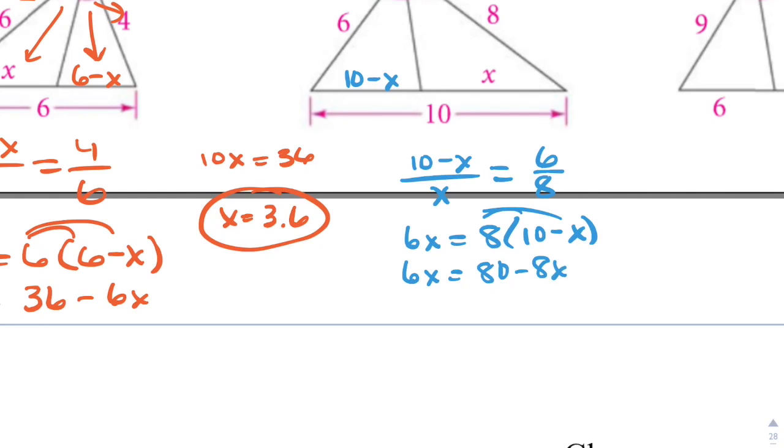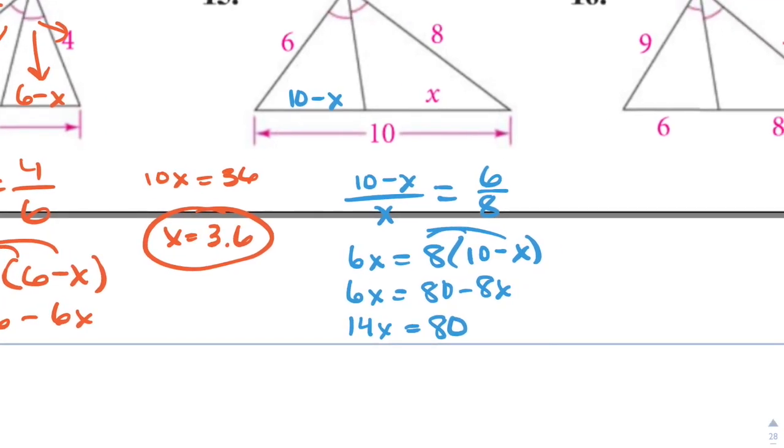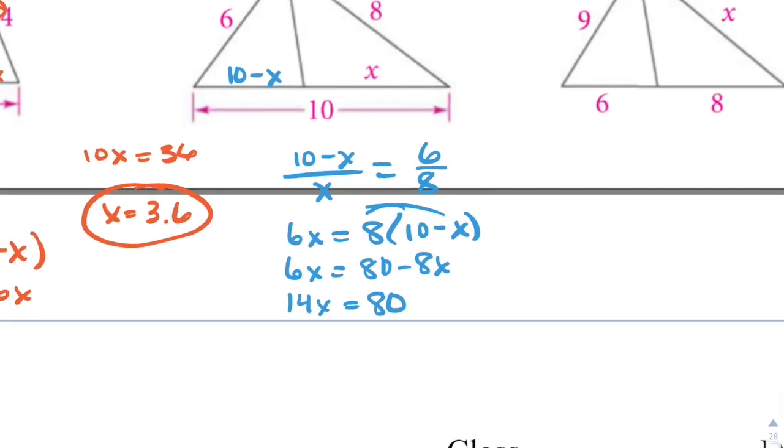So I get, add 8x to both sides, I get 14x equals 80. Divide both by 14. X approximately equals 5.7. I'm rounding to the nearest tenth.